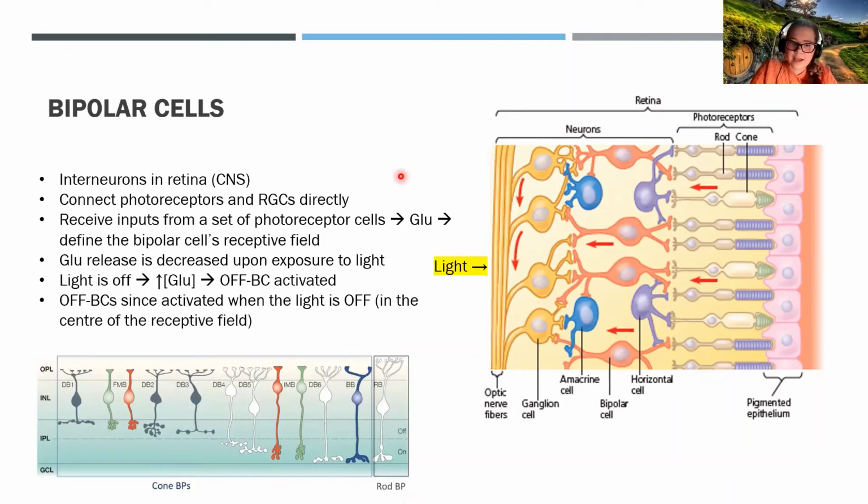Remember I said that rods are prevalent across all the periphery of the eye, whereas cones are present only in the fovea. So you see here a bipolar cell connecting a photoreceptor cell with ganglion cells.